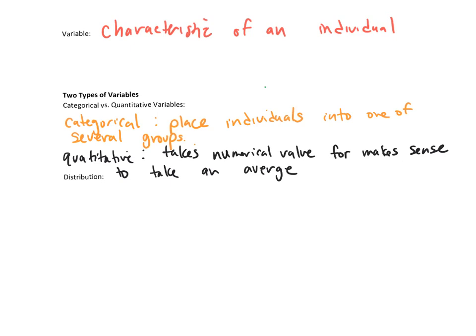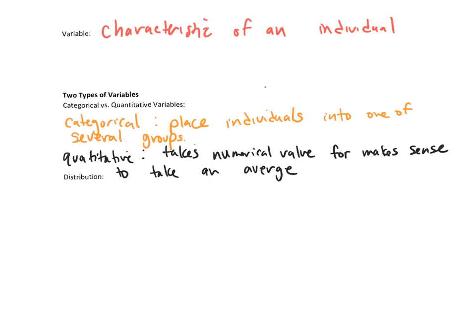If I say number of miles driven to school, that would be a quantitative variable, because I could obviously find the average number of miles driven to school for a group of individuals. But other things that are numbers, maybe not so much. If I say that student A is number 1 in the class and student B is number 2, well, if I take an average of those, that doesn't mean the students have a 1.5 average ranking. It doesn't make sense to take an average of things like rankings. So that would probably be more of a categorical thing.